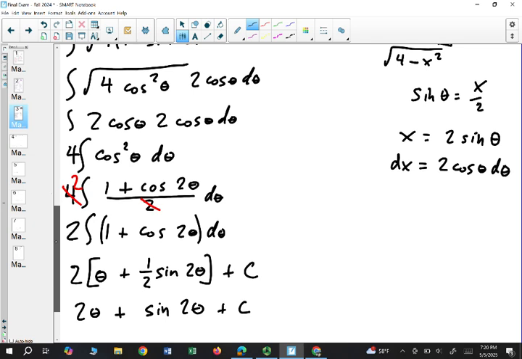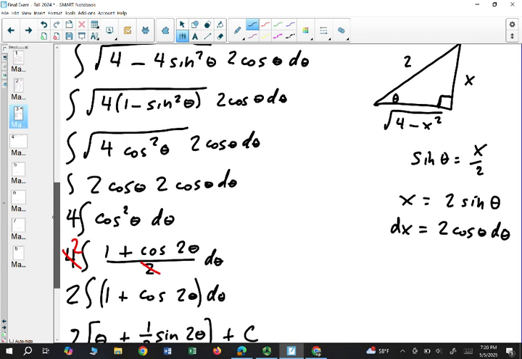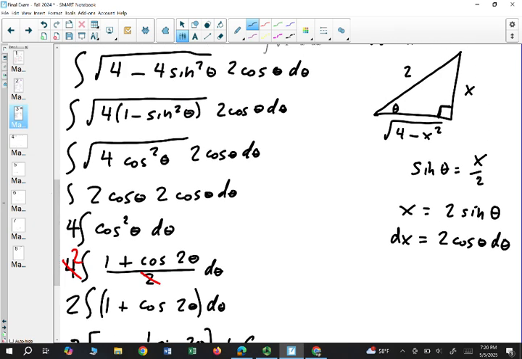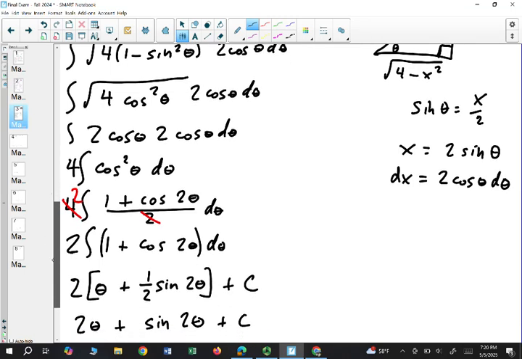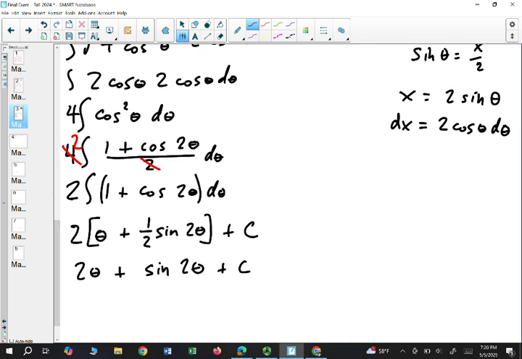I want to begin with x, end with x. Now in our triangle, we don't have a 2 theta, we have regular theta. So we're going to use another trig identity. That's going to replace the sine of 2 theta, and so we have the trig identity: sine of 2 theta is equal to 2 times sine of theta cosine of theta.